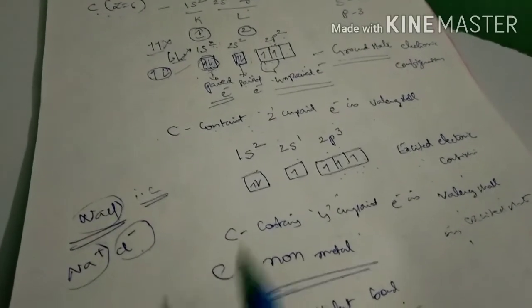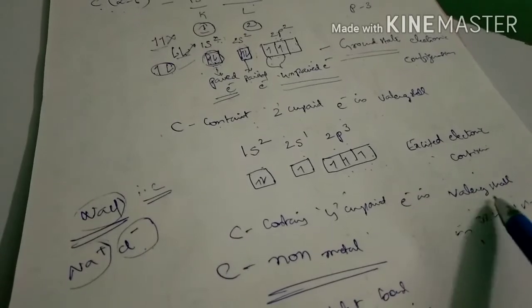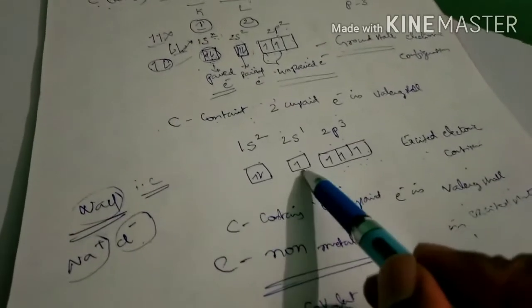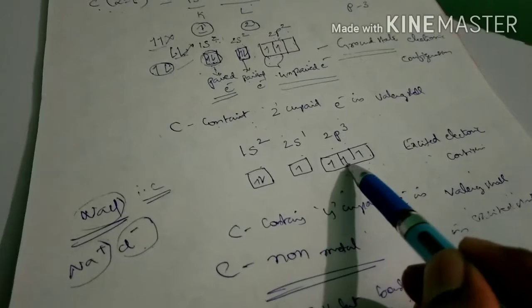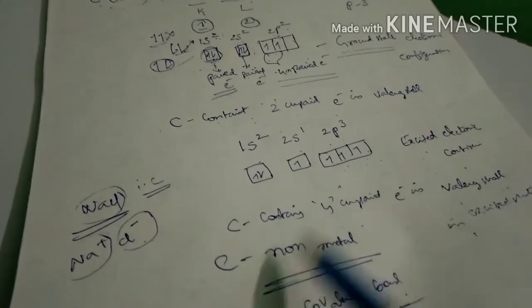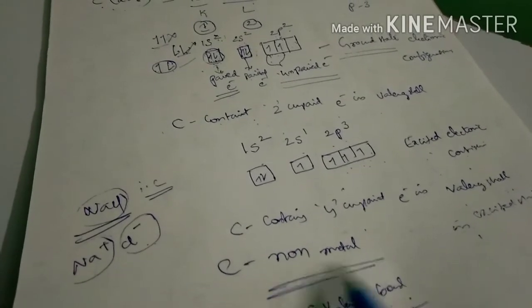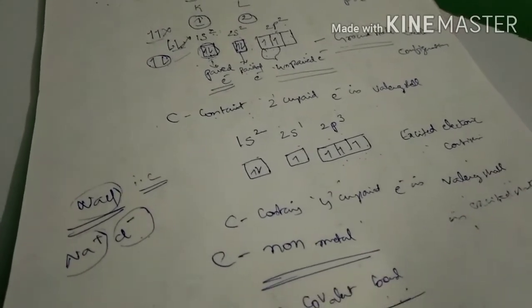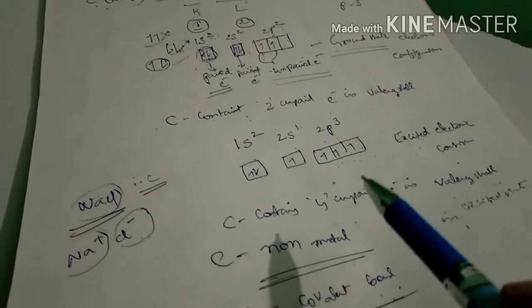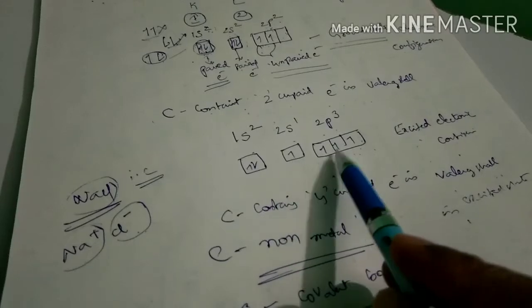Here the point is carbon contains 4 unpaired electrons in valency shell. Carbon contains 4 valency electrons in valency shell. Here one more point is that carbon is called non-metal. So the point is carbon contains what? How many unpaired electrons? 4 unpaired electrons.